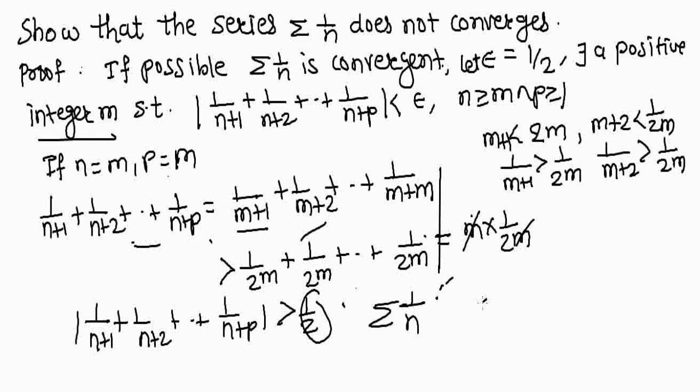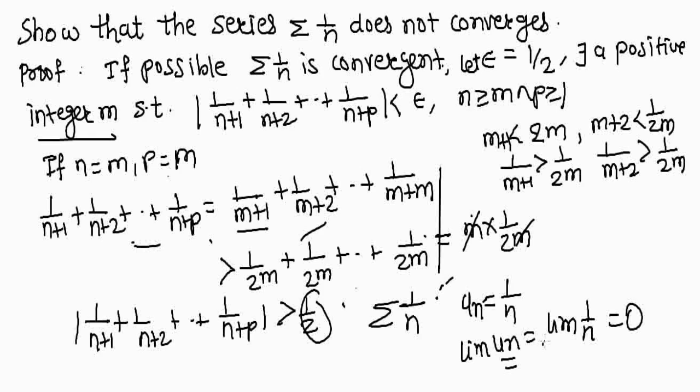And you can check that un equals 1 by n. If we take the limit of un, it is equal to the limit of 1 by n, and this is equal to 0. So this is an example which shows that the limit of un being 0 does not give a definite answer about the convergence of a series.